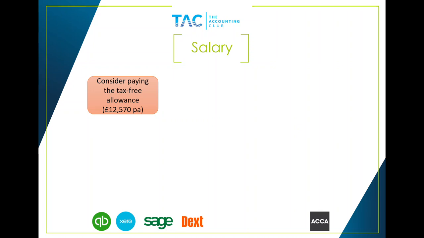When we say tax-free, we mean it is free of income tax. We have income tax, and you have national insurance, and this is the amount that is free of income tax at this present time, and that is equivalent to just over £1,000 per month.